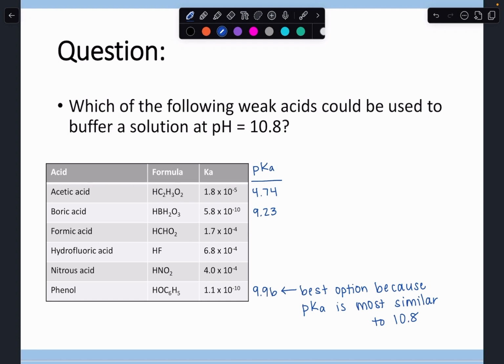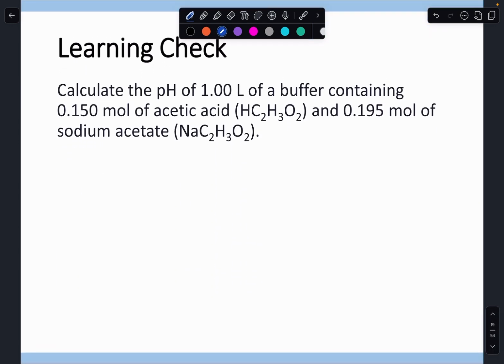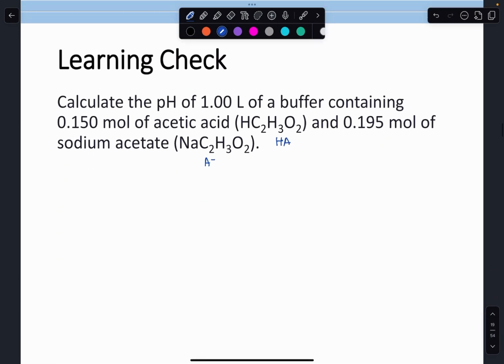All right, let's do one more learning check. We'll calculate the pH of 1 liter of a buffer solution containing 0.150 moles of acetic acid and 0.195 moles of sodium acetate. We know this is HA, acetic acid. Sodium acetate is A minus. We have Ka for acetic acid on the previous slide.